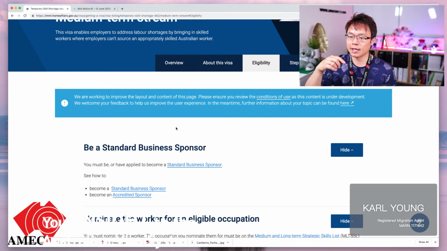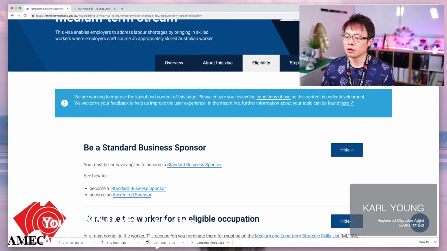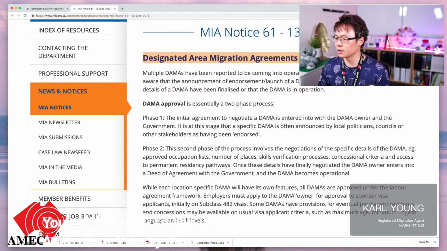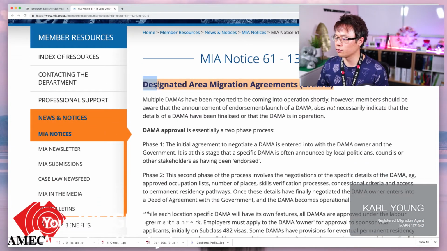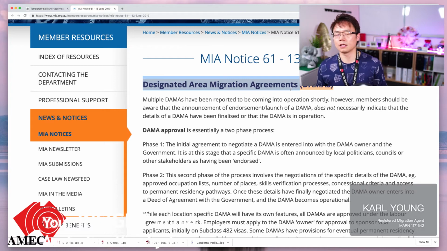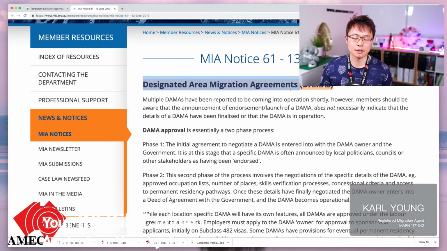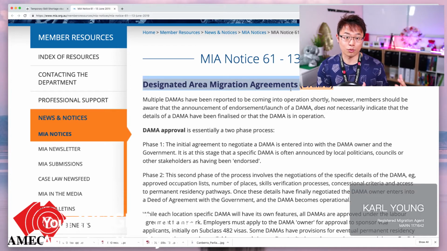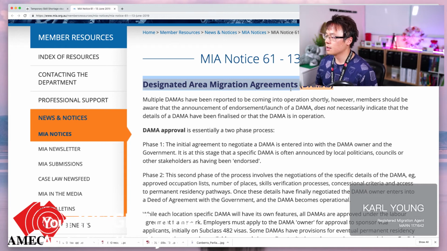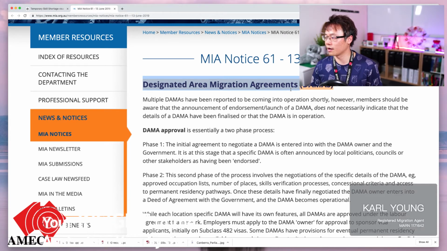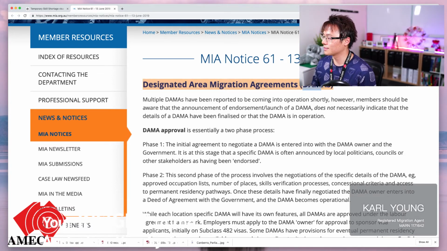Now I want to go into detail on something a lot of people are putting a query on, which is the Designated Area Migration Agreement, the initiative that the government has put in place to assist a particular regional area, designated regional areas. For instance, at the moment, the whole Northern Territory is under the Designated Area Migration Agreement. Just say the short term is DAMA.